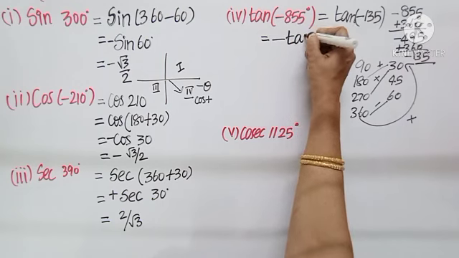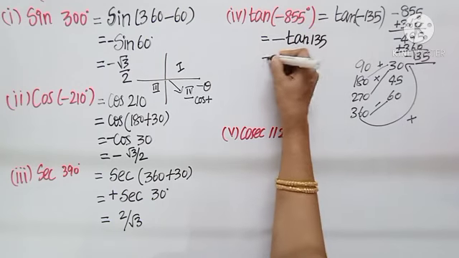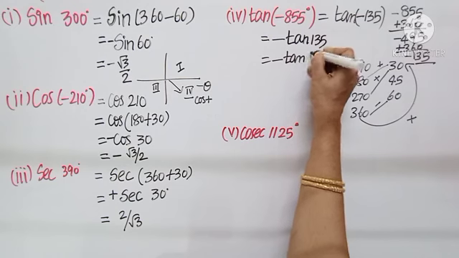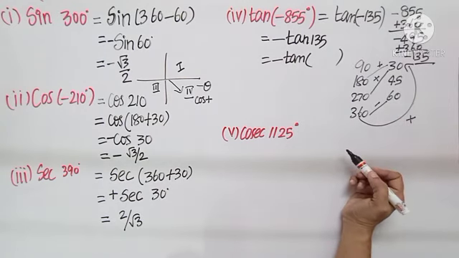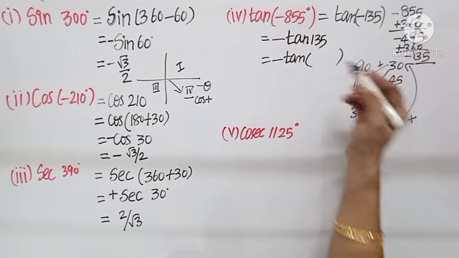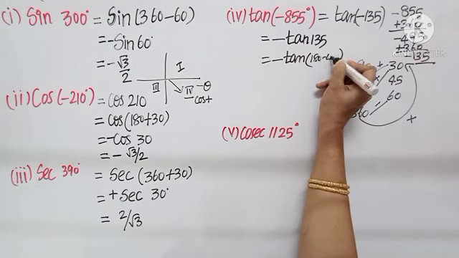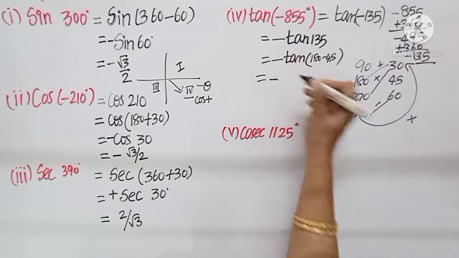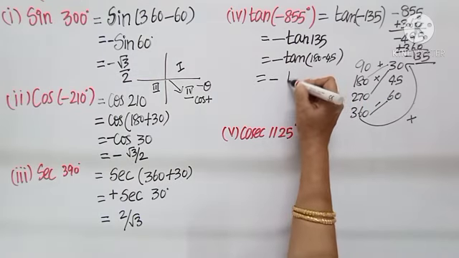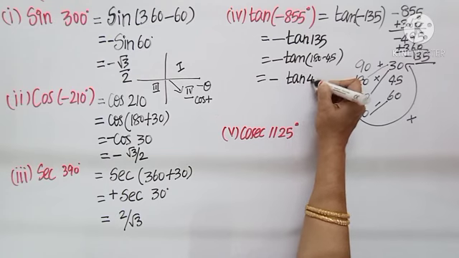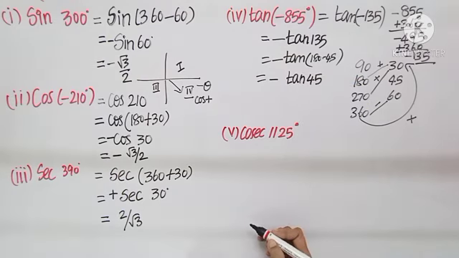Minus tan 135. How to write 135 using these combinations? I can write it as 180 minus 45. 180 comes, no change. Tan will come tan itself. So my answer is tan 45.